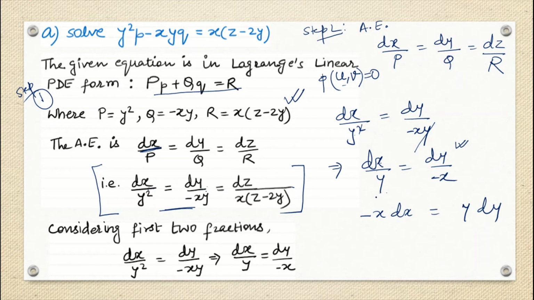And why am I doing it in this fashion? Because I am actually focusing on finding u and v, and u and v are finally nothing but my arbitrary constants c1 and c2. To get the arbitrary constants c1 and c2, we have to find the integration at some particular step.